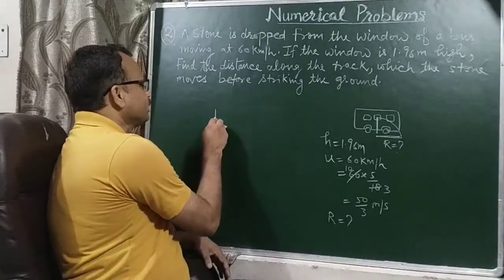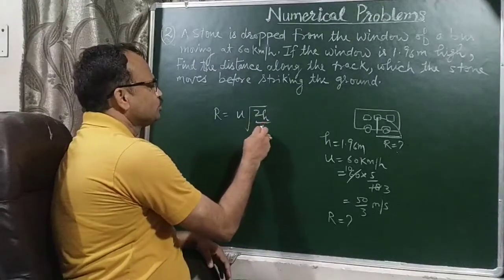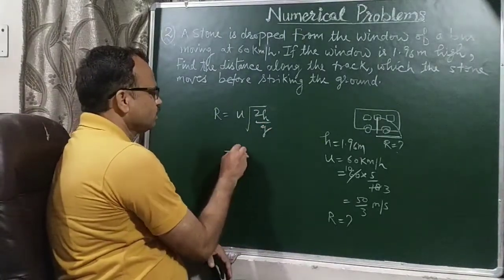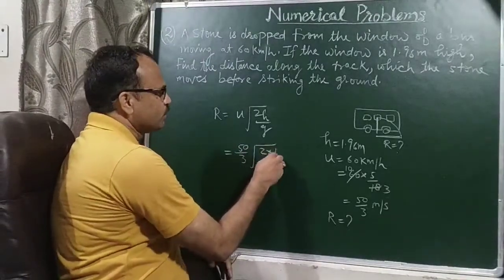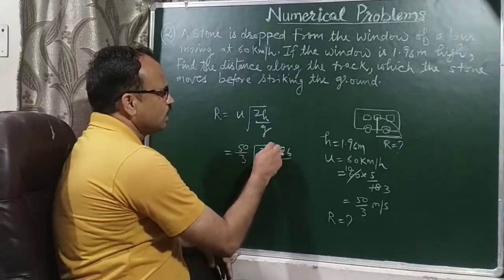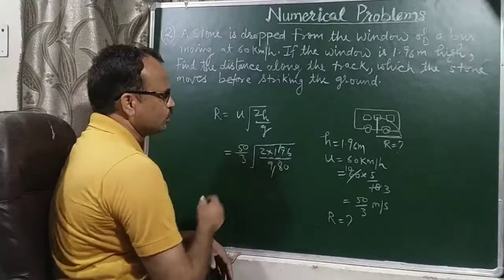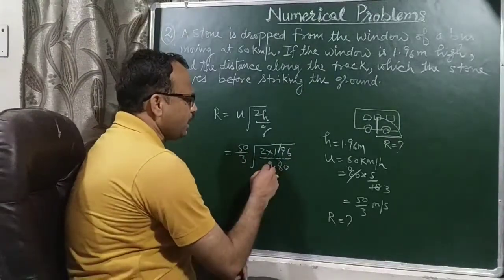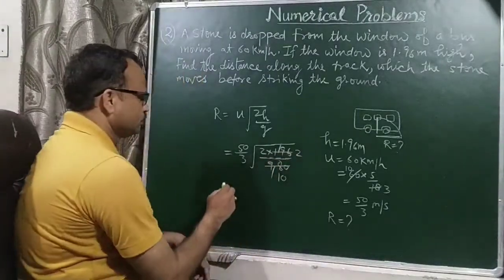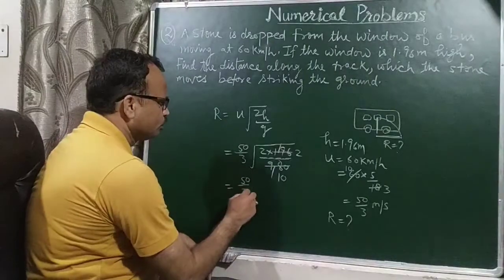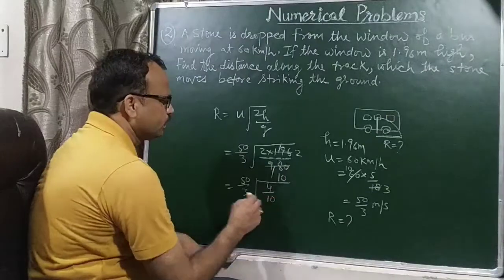Now note the formula for range: r equals u under root 2h upon g. So here the value of u is 50 upon 3, under root 2 into the value of h, 1.96, upon the value of g, which is 9.8. The decimal points cancel, and 2 into 196 upon 980 gives 4 upon 10.